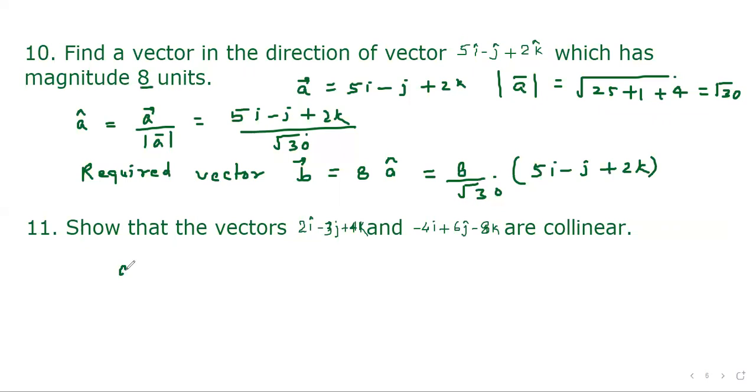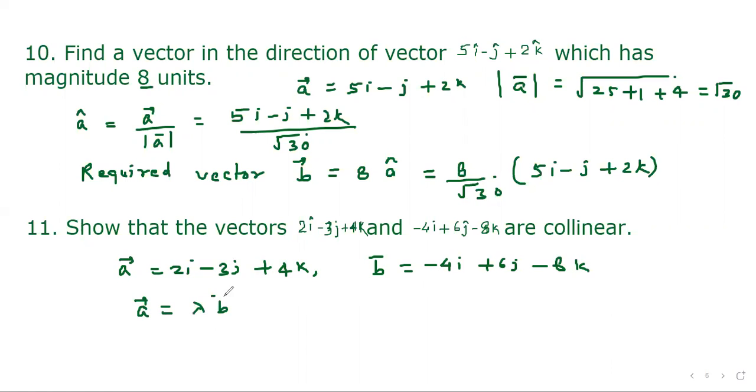Vector A equal to 2i minus 3j plus 4k and vector B equal to minus 4i plus 6j minus 8k. If two vectors are collinear, then A must be equal to lambda B, where lambda is a non-zero real number. So let's see whether we are getting some value of lambda or not.